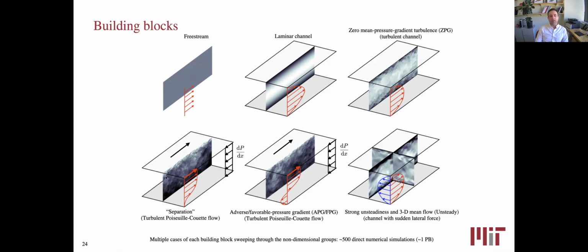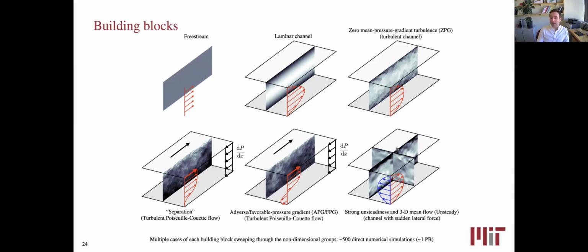The two cases on the bottom left are the effect of pressure gradient. It could mimic the fact that the flow could separate, or that the flow is accelerating or decelerating in one direction. And the last case is what happens when the flow has some three-dimensionality or is statistically steady, so even in time, it's changing. And these are just the different types of cases.